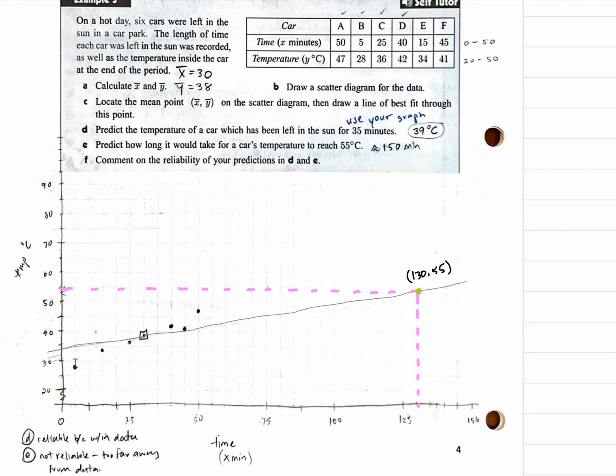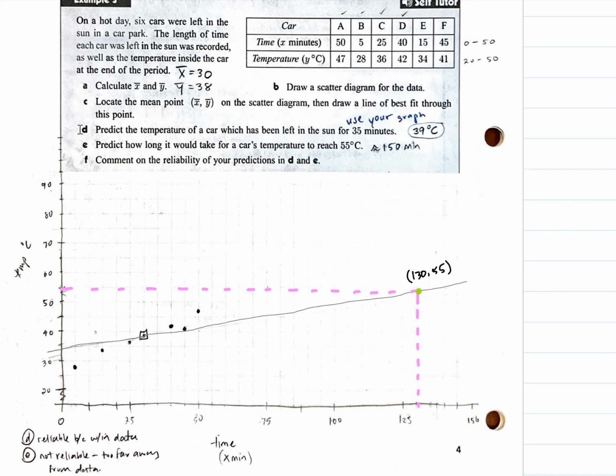This point is pretty far away. So I'm just trying to put a line through our average value that splits the data evenly. This is why it's called a line of best fit by eye, because you are just eyeballing it. Once I have that, I draw my line.